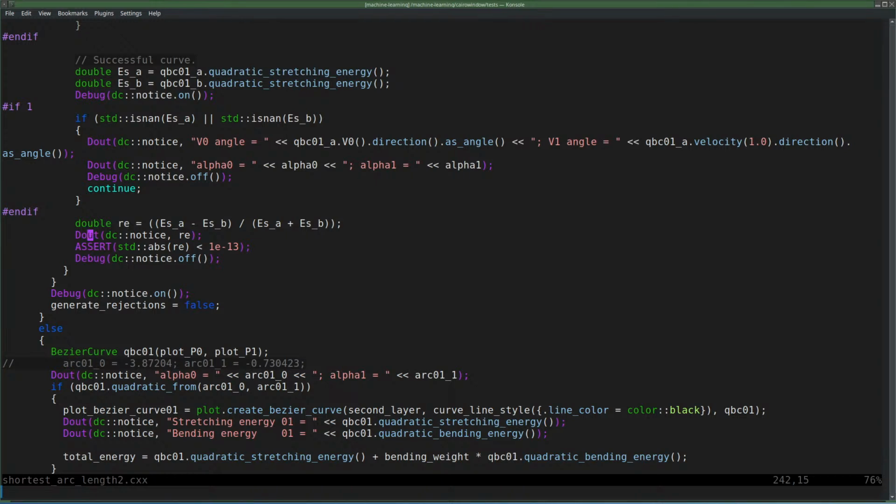It did print not a number, but these are not a number. So ESA equals minus ESB then? Oh, very unlikely. But what else could it be? I don't know. I think it's good enough. The formula is correct, right? So, yeah.